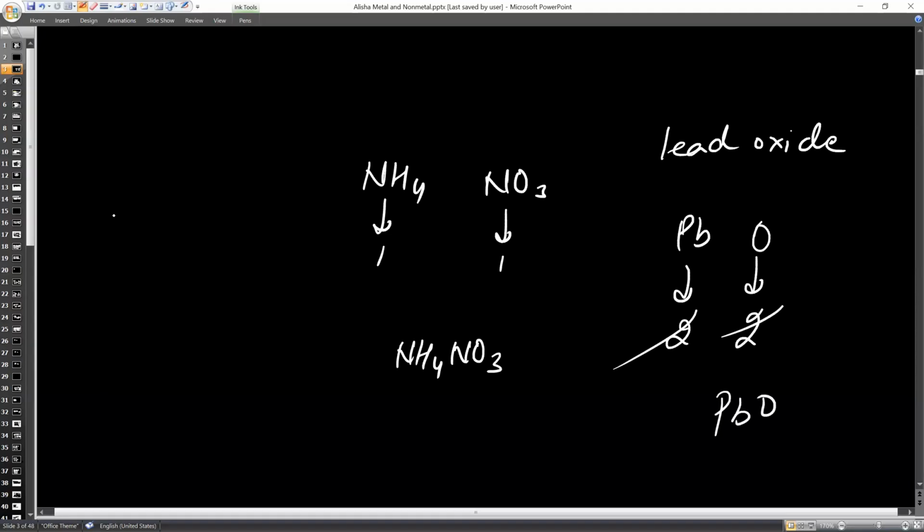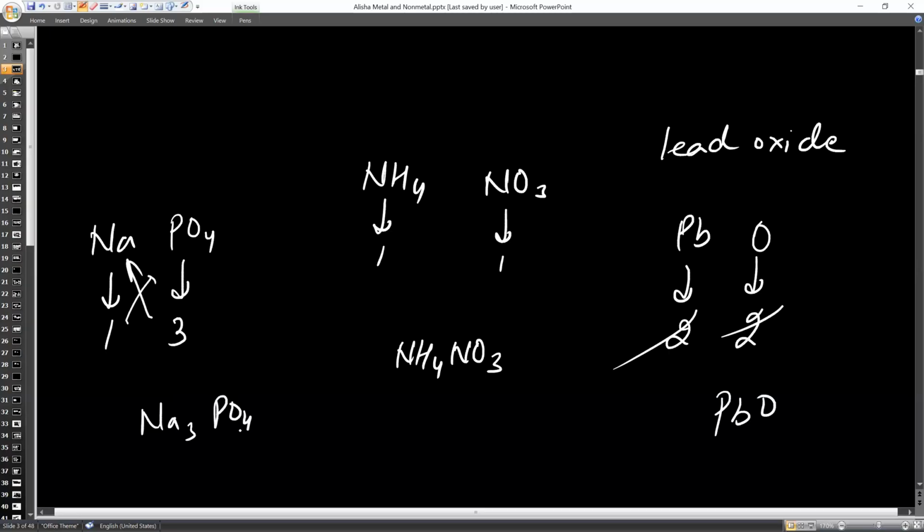Like sodium phosphate. Sodium valency is 1 and phosphate is PO4, its valency is 3. You cross multiply and you write Na3PO4. Like calcium phosphate. Calcium valency is 2 and phosphate ion valency is 3. You cross multiply.